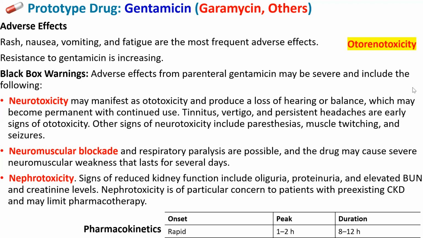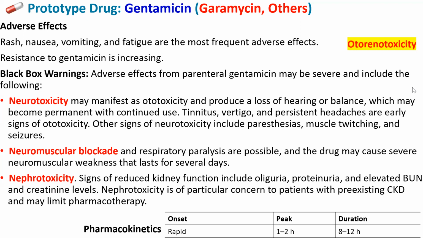The risk of neurologic effects is higher in patients with chronic kidney disease. Other signs of neurotoxicity include paresthesia, tingling, numbness, muscle twitching, and seizures, and concurrent use with other neurotoxic drugs should be avoided.